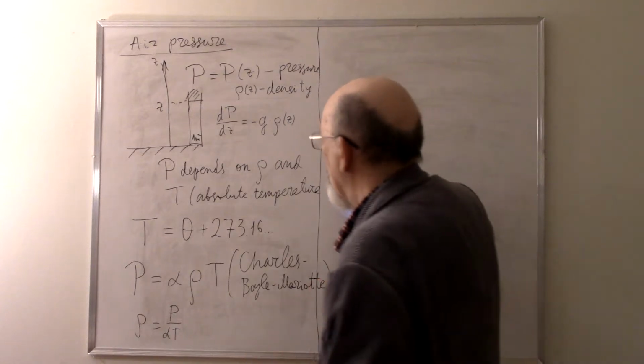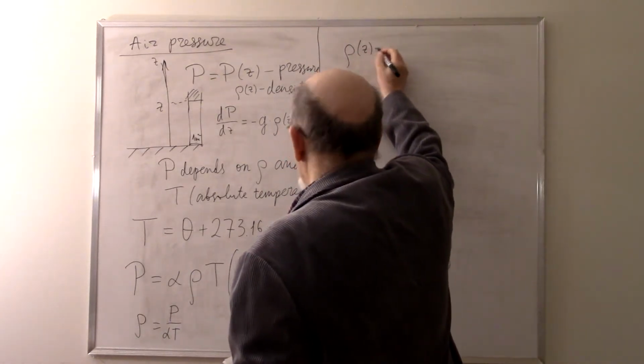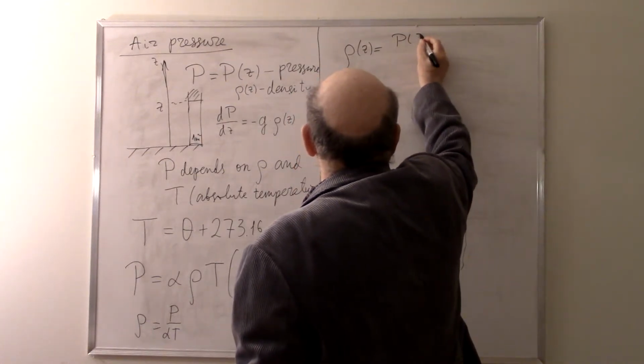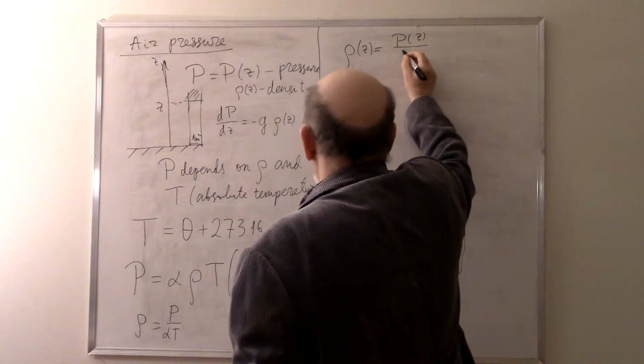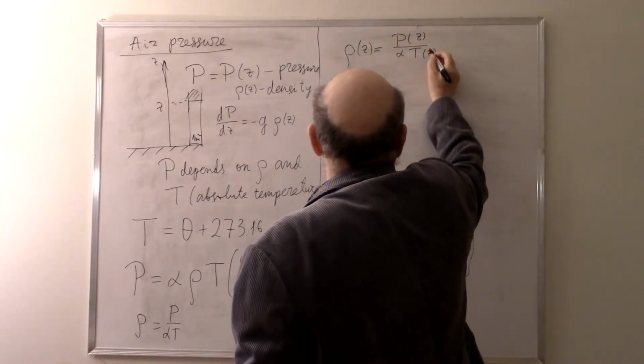So rho of z equals P of z divided by alpha temperature of z.